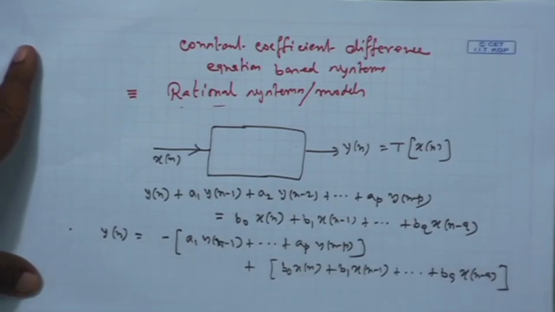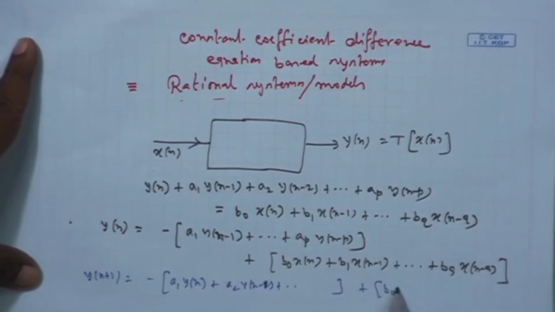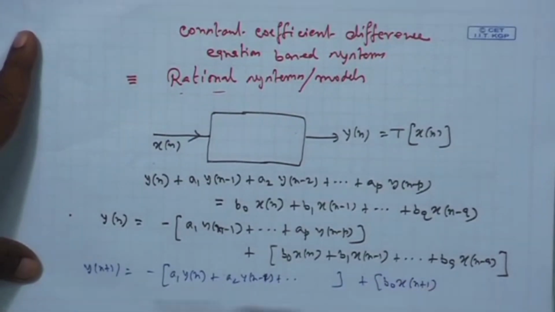Then when you go for the next index y[n+1], this becomes minus a1 y[n], then a2 y[n-1], and so on, and again b0 x[n+1], because n+1 is the current index.